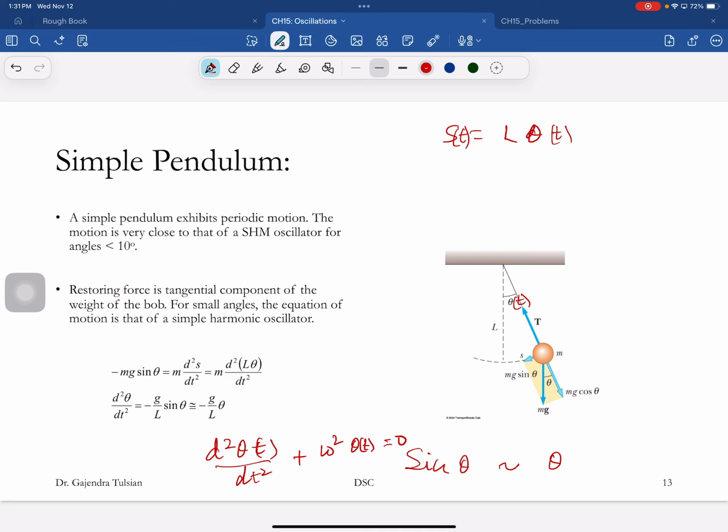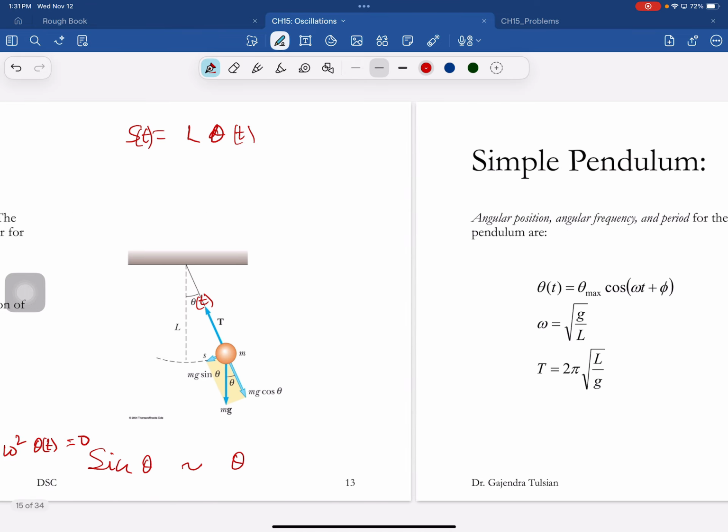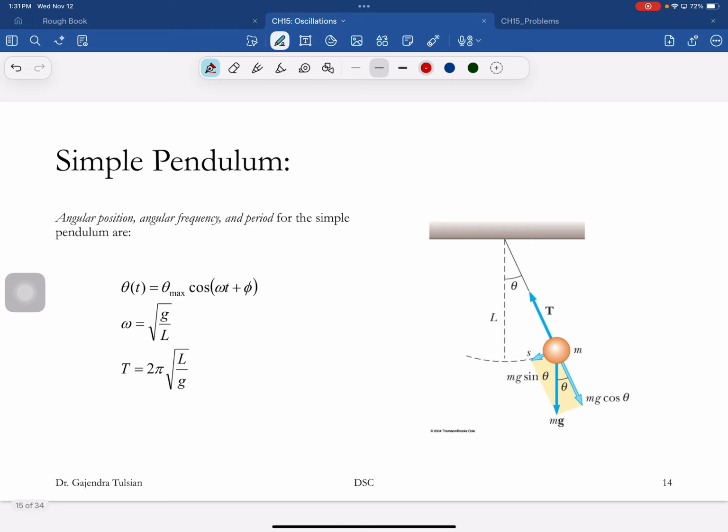So it behaves simple harmonically. If you take a pendulum and start it oscillating from 45 degrees, then the period won't be independent of the amplitude. So there's the period again, 2 pi times the square root of length divided by g.